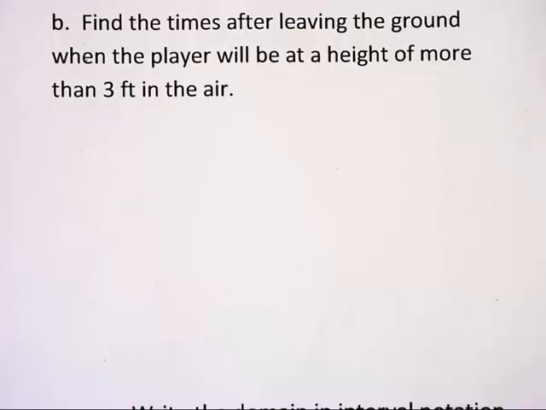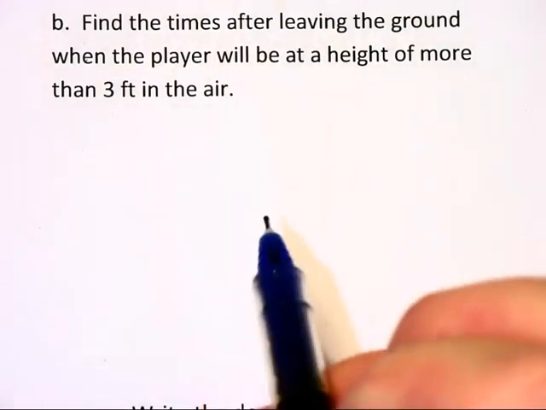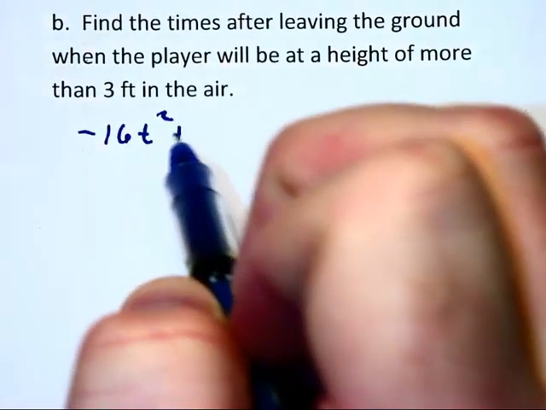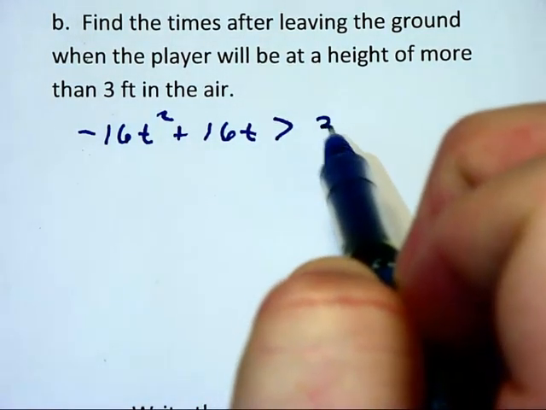Now we want to find the times after leaving the ground when the player will be at a height of more than 3 feet in the air. Since our function we've just solved for deals with the height, we're going to take this -16t squared plus 16t and set it to be greater than 3 feet in height.